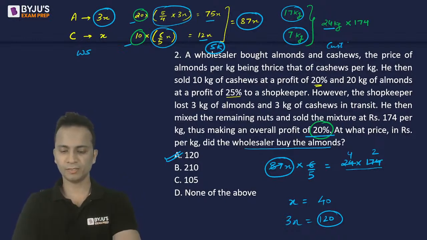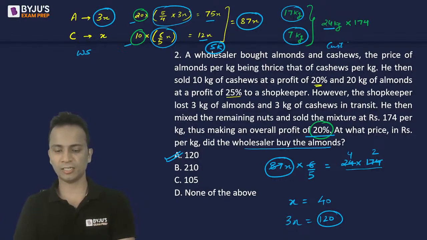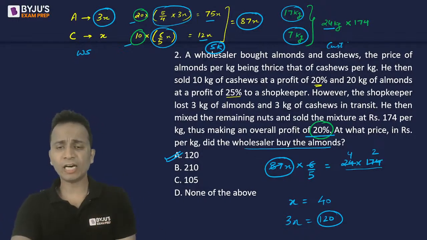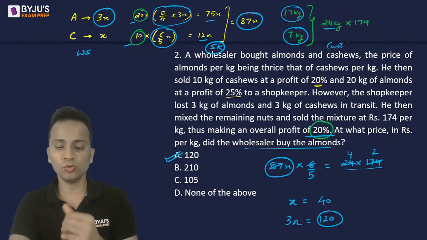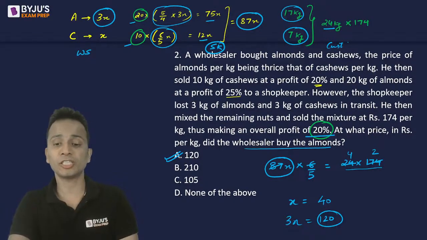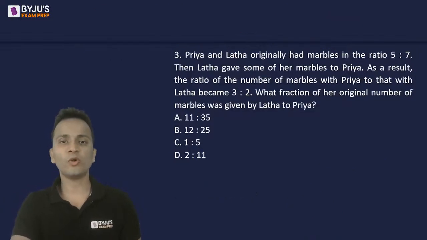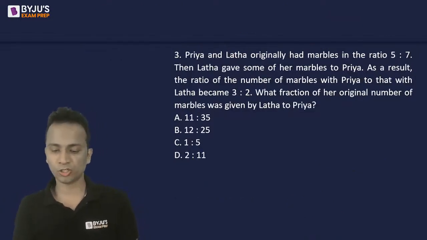Sayan, Harsh is a different Harsh, Harsh Jindal and Harsh Kurani. So people have understood. In case you have any doubt, please write it, and I'll explain that particular point, like Sri Harsha has written. So the answer is option A, that is 120. Let's move on to the next question.